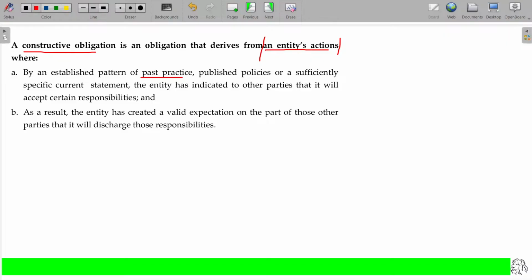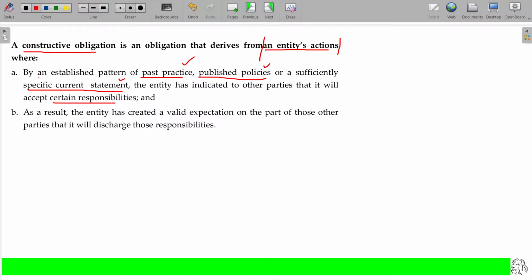The customer has the awareness that if anything goes bad, this company will definitely replace. Because of that expectation, if you purchase, then it's the company's requirement to fulfill. When there is a mistake, they have to replace. By an established pattern of past practice or published policies or a sufficiently specific current statement, the entity has indicated to the other party that it will accept certain responsibilities.